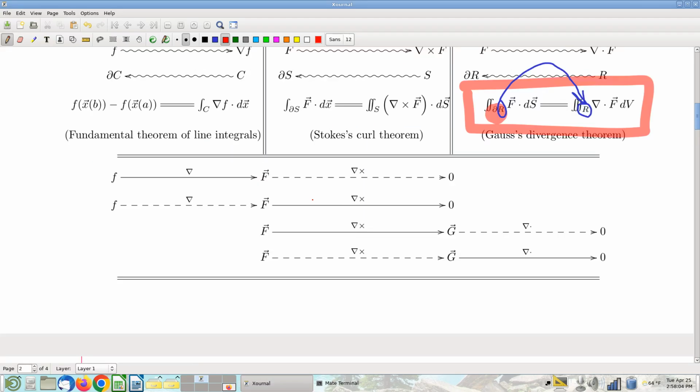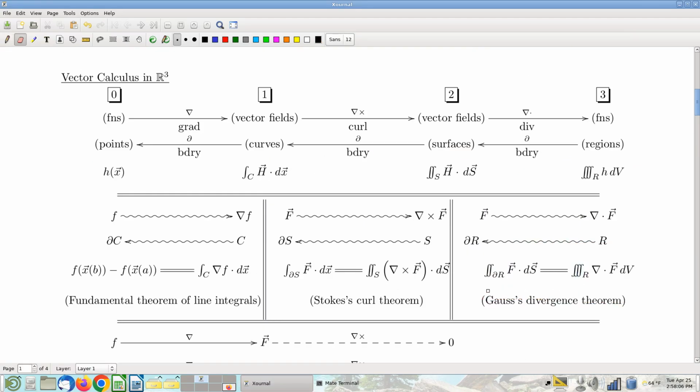Again, looking back to the diagram. Here's Stokes's curl theorem, and notice very conspicuously, in order for Stokes's curl theorem to apply, we need our curve to be a boundary of a surface. Again, not just as a formality, but because that surface whose boundary is our curve, we need it to be the domain of our new flux integral.